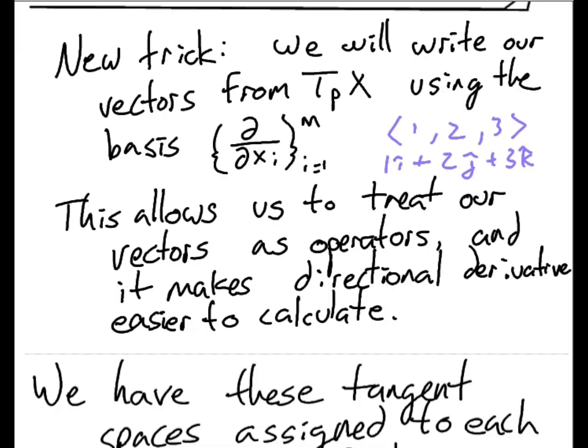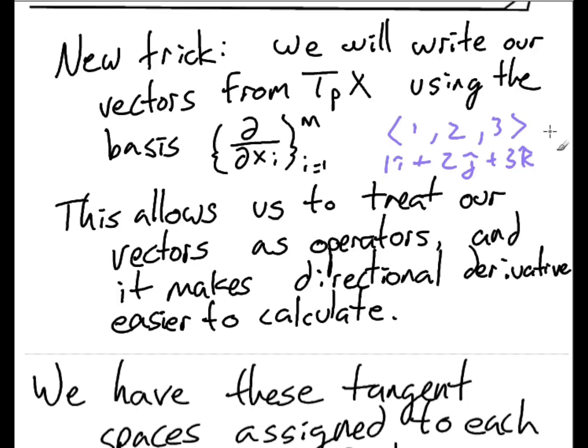Now we're going to look at a different way, well, it was different to me when I learned it, a different way of writing our vectors from the tangent space. Typically, at least for me, I understood vectors in terms of ordered lists like this. 1, 2, 3, that tells us the coefficients in each of the 3 coordinates for a 3-dimensional space, in each of the 3 directions, I mean.